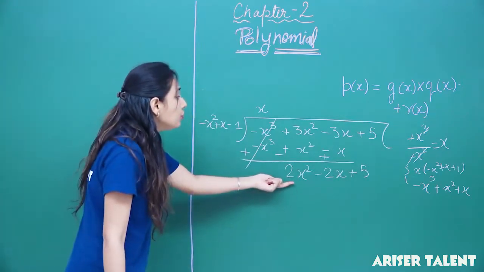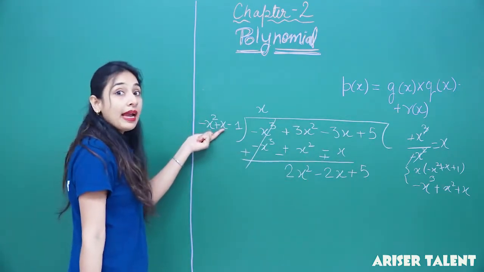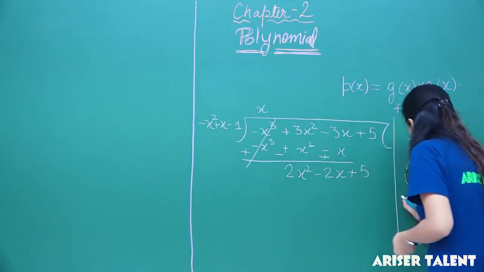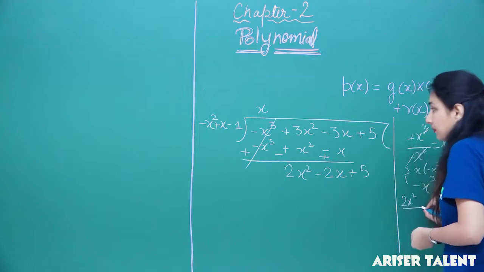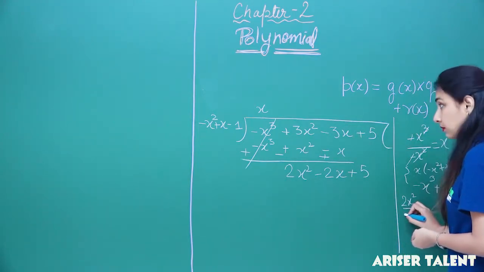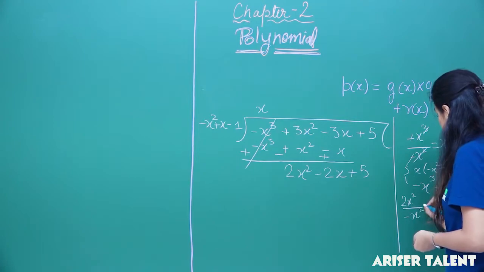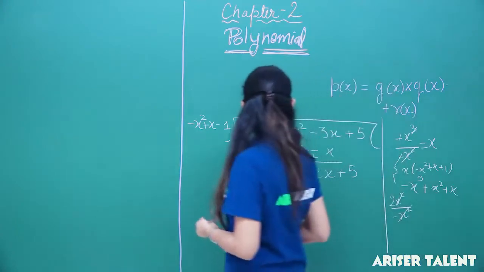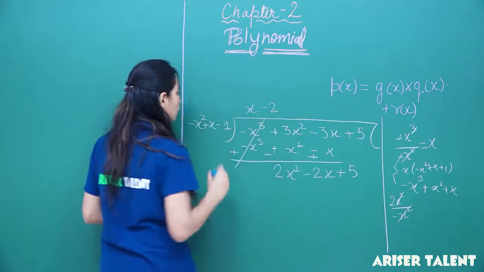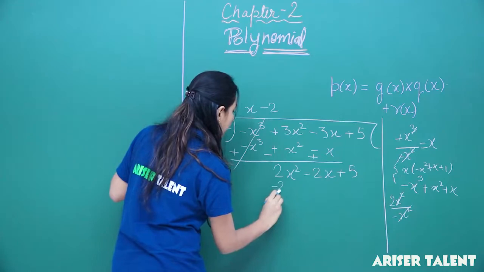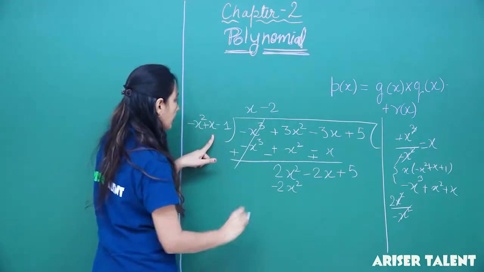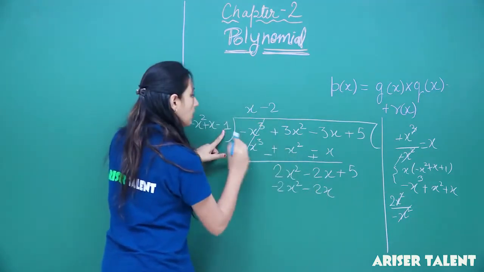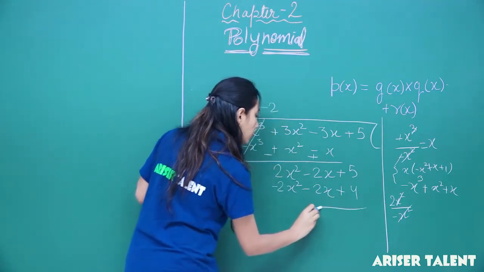Okay, now 2x square and minus x square. So 2x square minus of x square, what will we get? Minus of 2. Okay, minus of 2, then minus 2x square, then minus 2x, then plus 4.